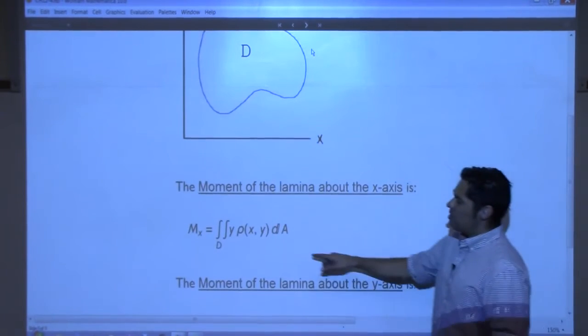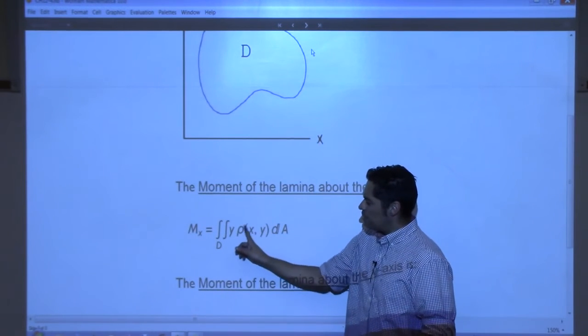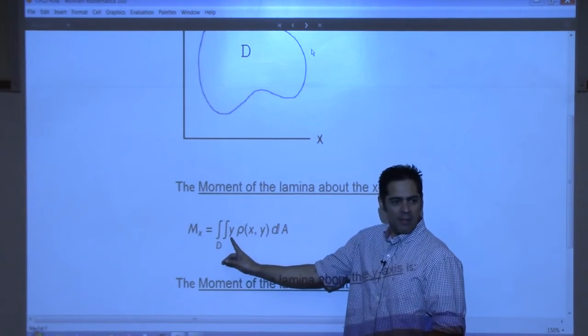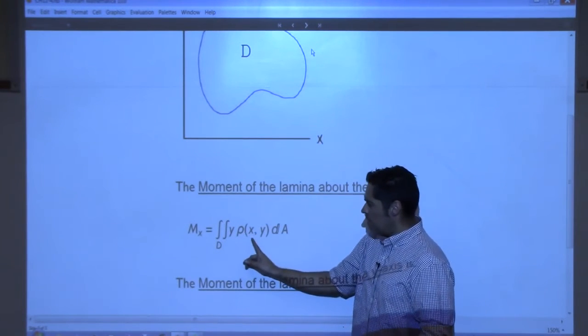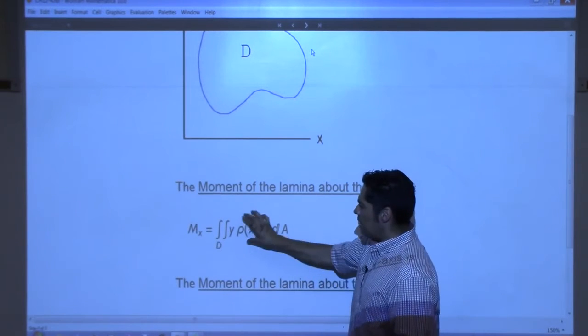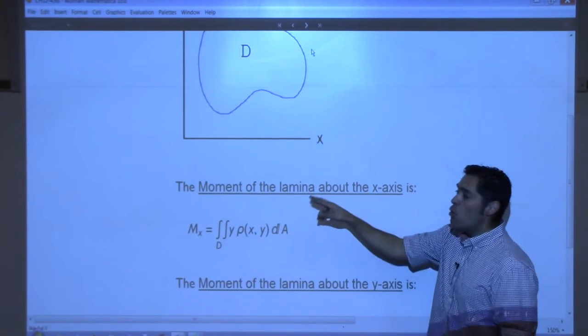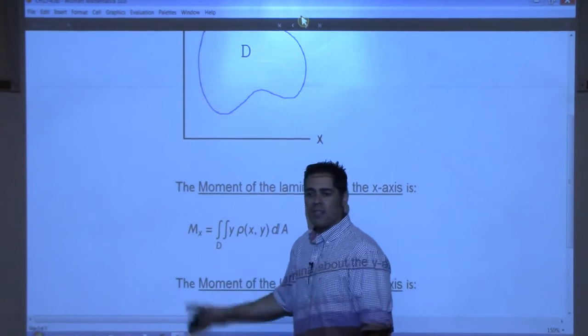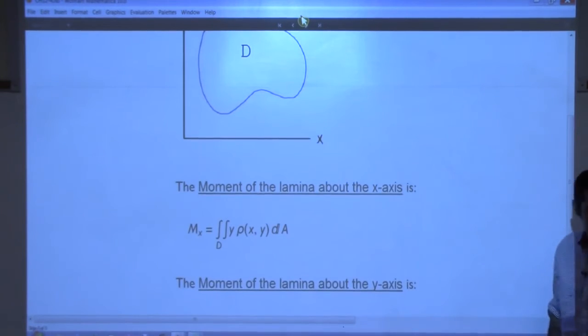So we still have the density function right here. But we've added one thing to it. You see the y right there? Y times the density function. If we compute this, it's called the moment of the lamina about the x-axis. We use capital M subscript x to represent the moment of the lamina about the x-axis.